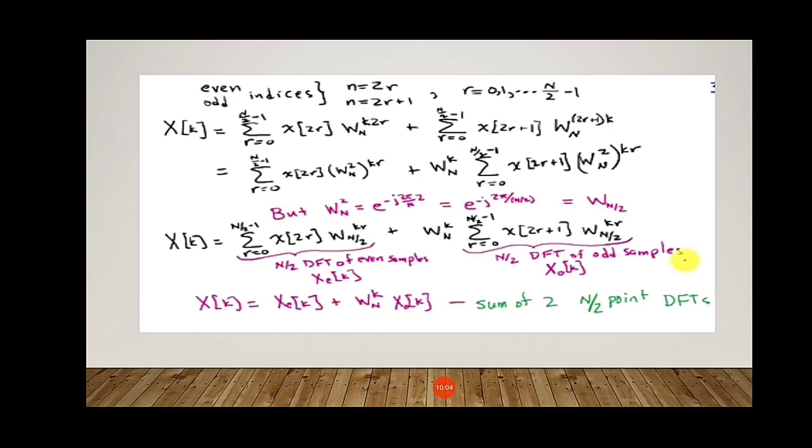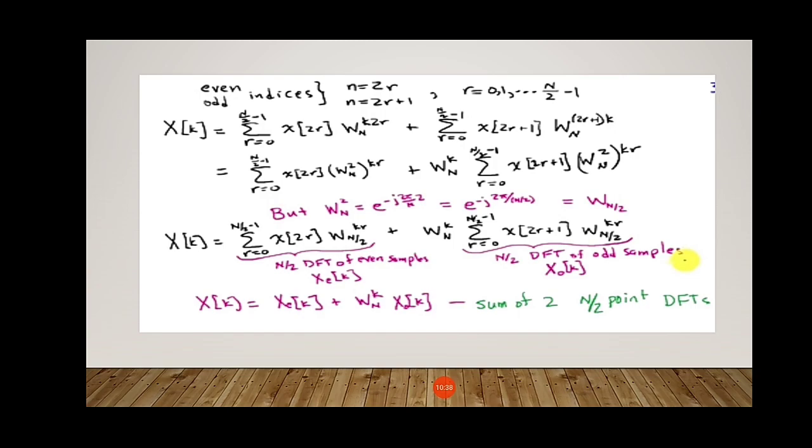And the second part becomes W_N to the power k, because if we break W_N to the power (2r plus 1) into k as W_N 2r into k times W_N k, we bring out W_N^k because it is independent of r, and within the summation we write r going from 0 to N by 2 minus 1 x of 2r plus 1 W_N to the power 2 into kr.